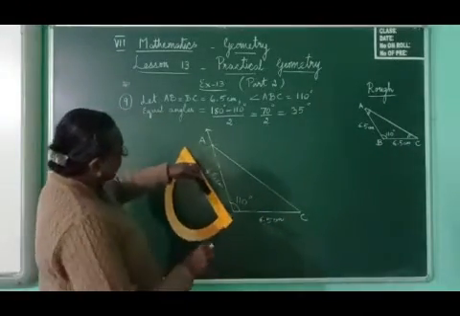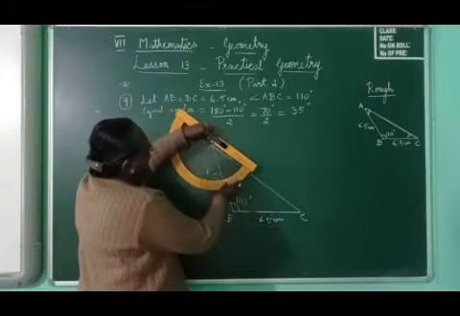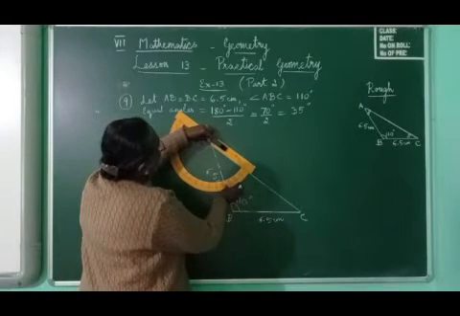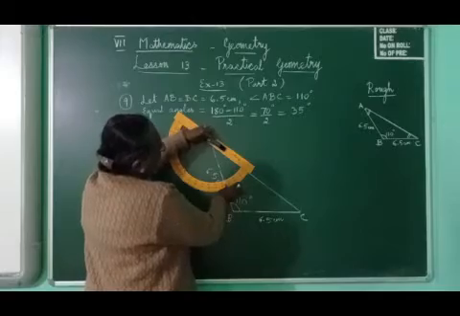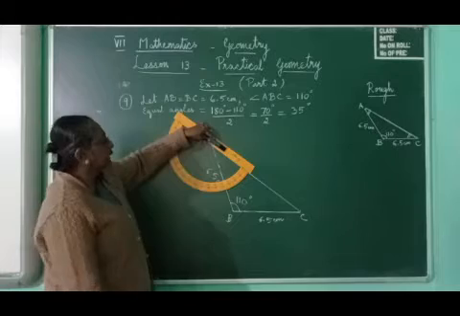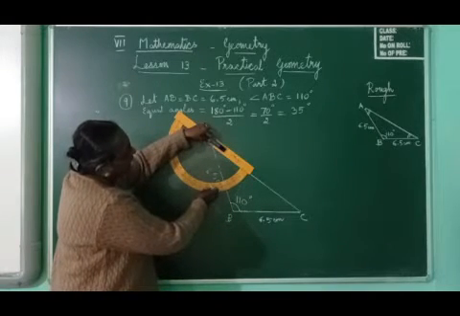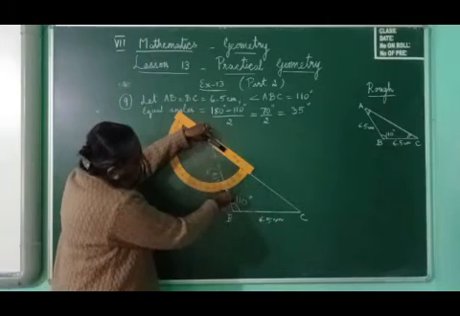So how to measure them? Keep the protractor at A. The baseline of the protractor should rest on AC, and we can measure how much it is. At A we keep it and see how much the angle is.